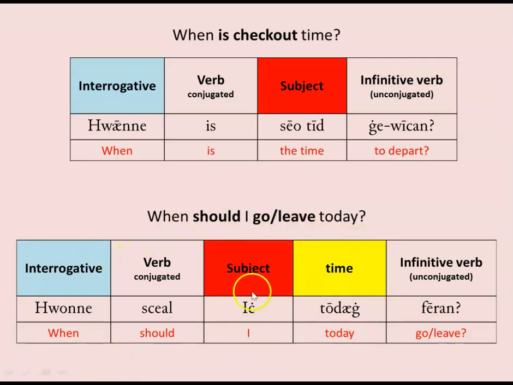When should I leave today? Same thing. Hawana. Now, I, first person present tense singular is shall for should, shall. Time, today. And the infinitive to go, leave is feiern, to go on a journey is feiern. Let's go leave. Hawana shall ich today feiern.